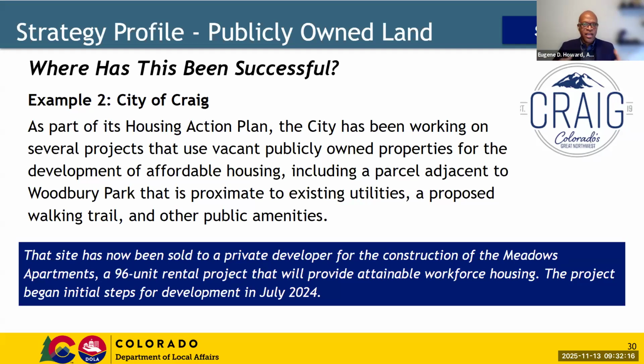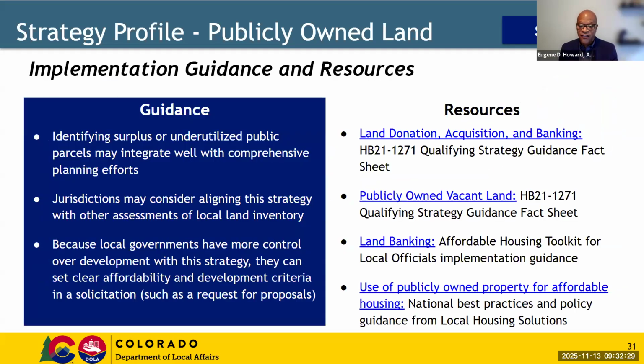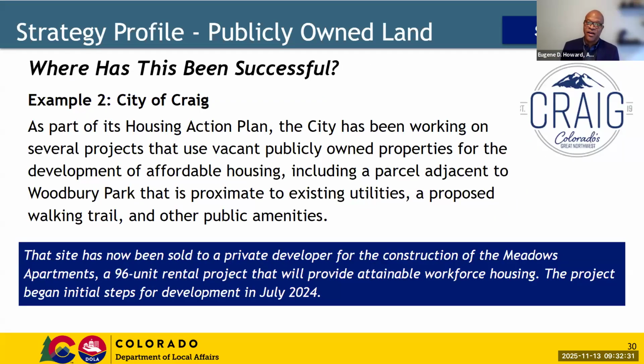So again, creating a holistic area, not just focused on any one piece of it, but they were able to leverage their land and really help it contribute to the overall community. And 96 rental units are the outcome of this kind of approach.